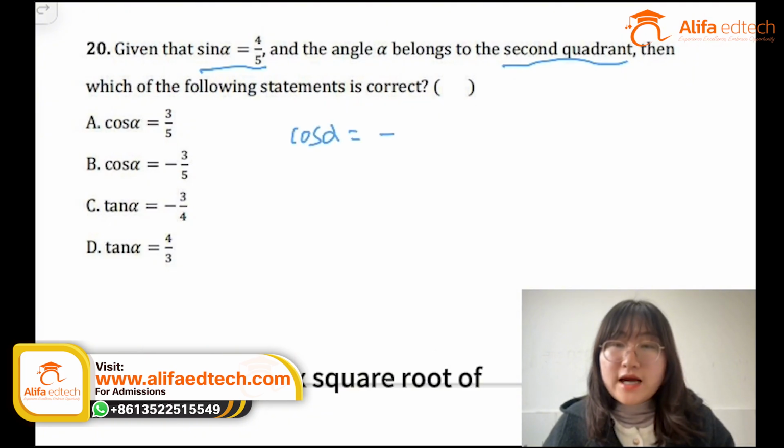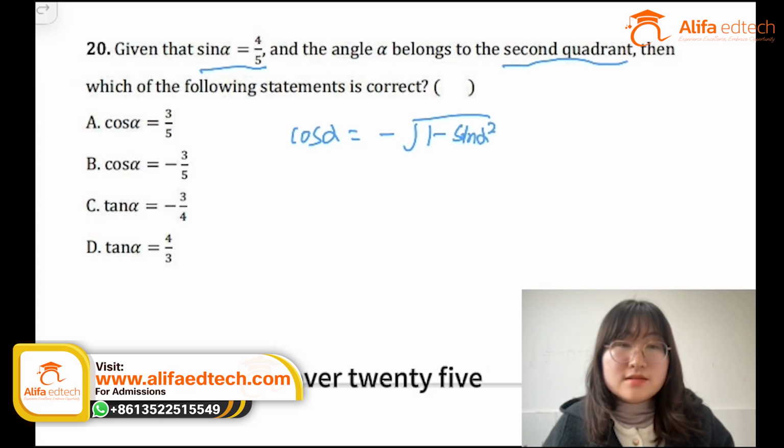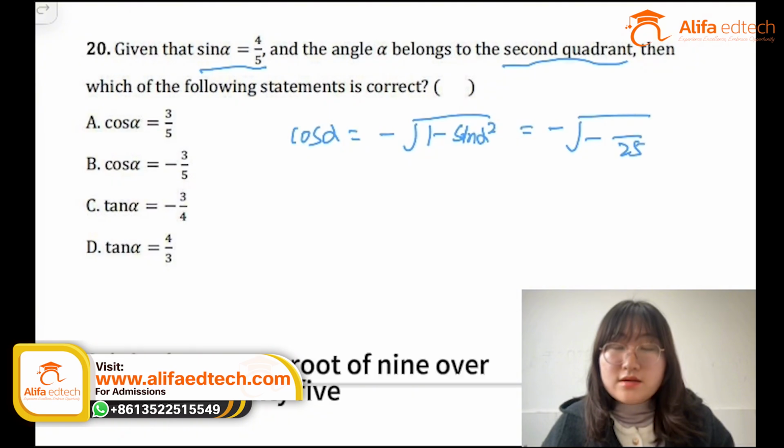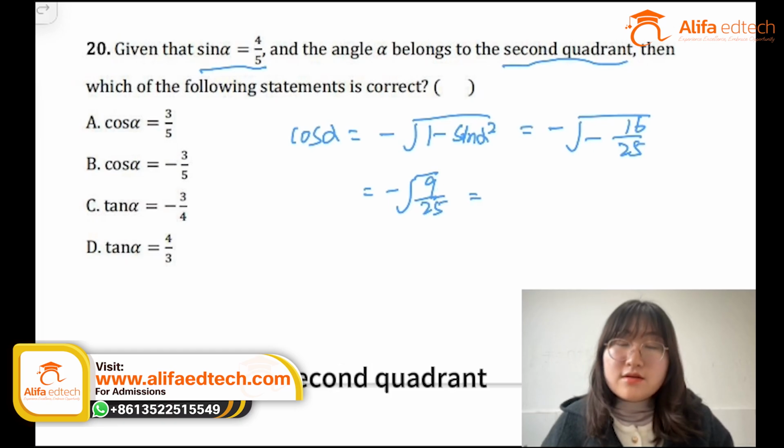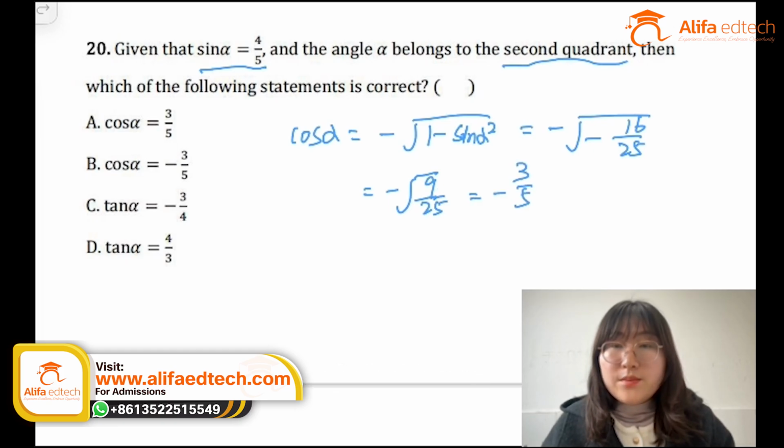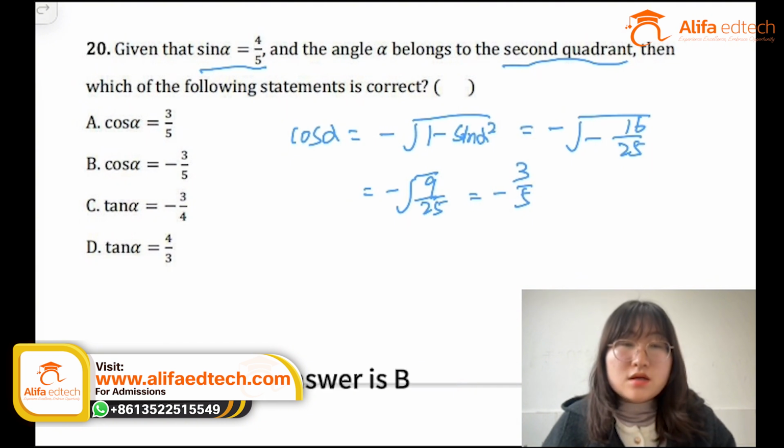So cosine alpha is the square root of 1 minus 16 over 25, which is the square root of 9 over 25, giving us 3/5. Because it's in the second quadrant, it becomes -3/5. The correct answer is B.